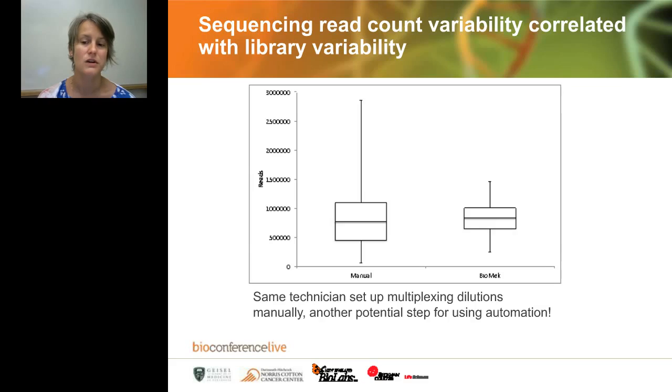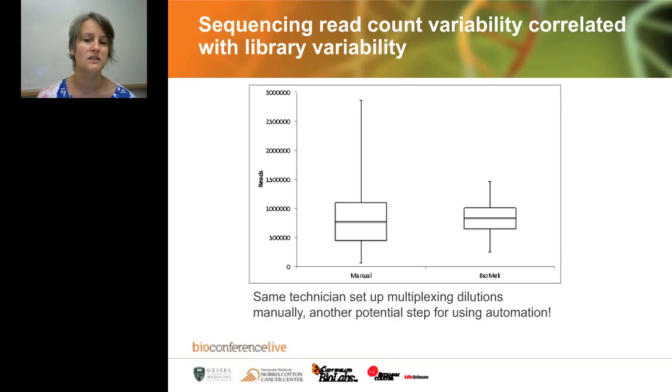Independent of how we prepared the libraries, the same technicians set up the multiplexing dilutions for the sequencing reaction. So what this figure is showing is that the number of reads generated for any given sample are more broadly distributed in the manual preps than in the BioMek preps.